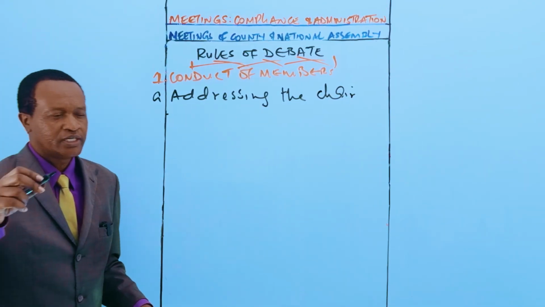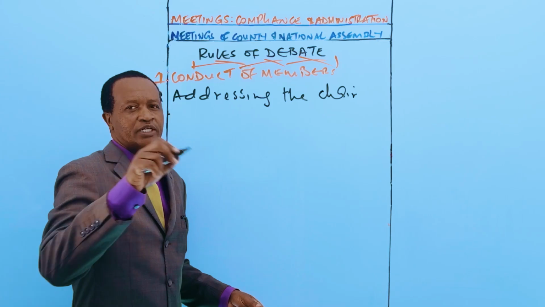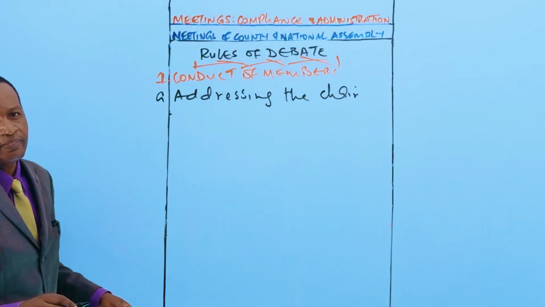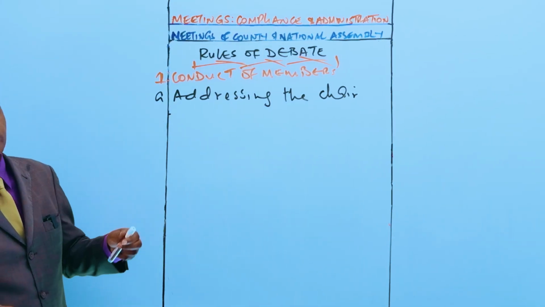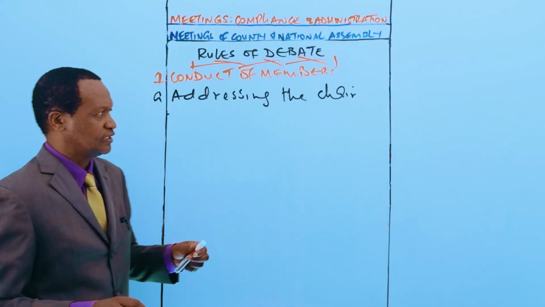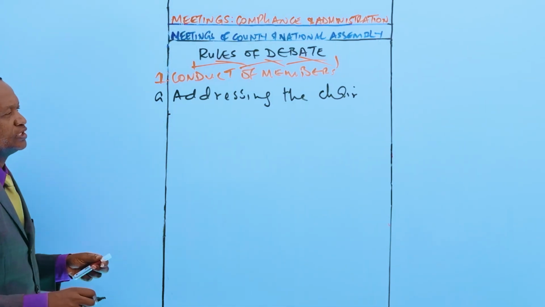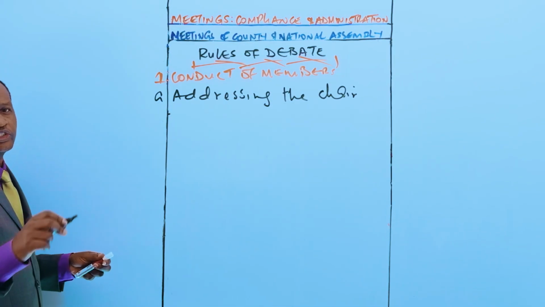All remarks during the debate must be addressed to the Speaker, and members are not permitted to address each other directly. So all communication in the House must be addressed to the chair.